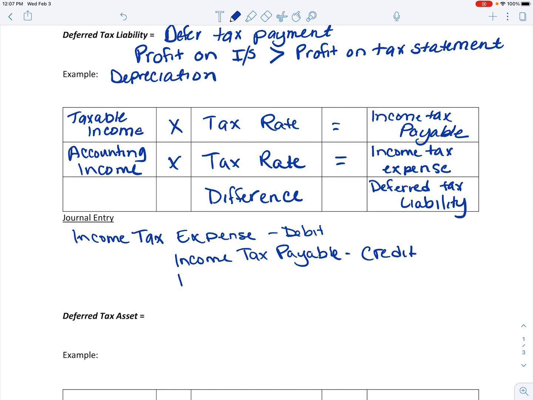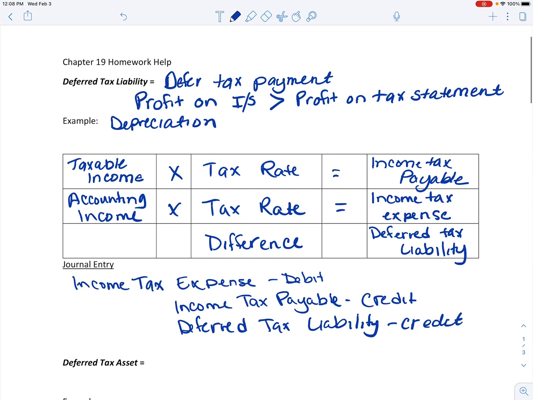And also credit that deferred tax liability. It's also a credit. So that's your deferred tax liability. Basically, again, you're saying, I'm going to be paying these taxes later.